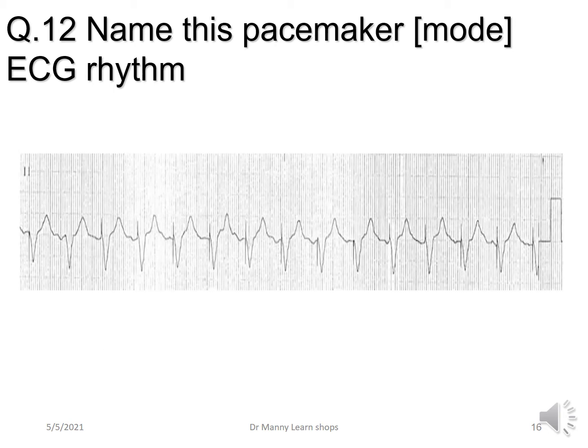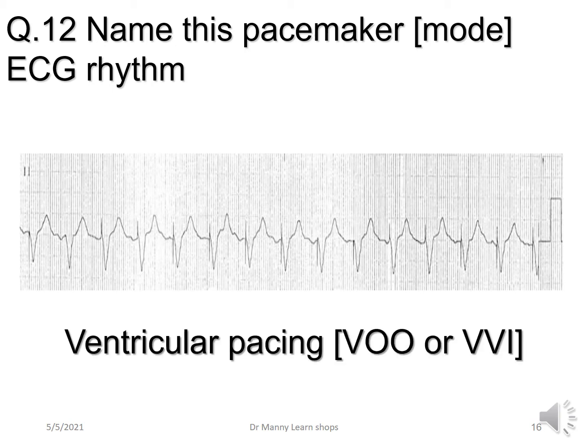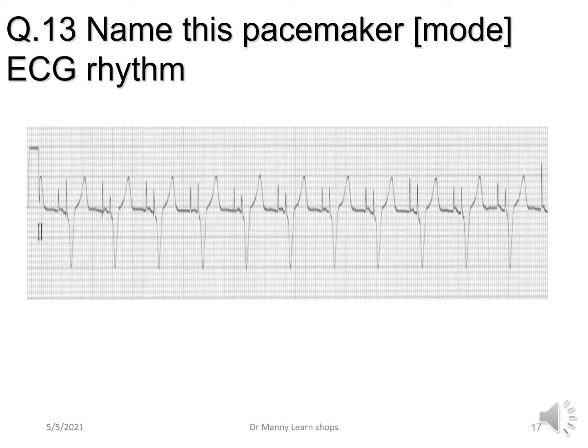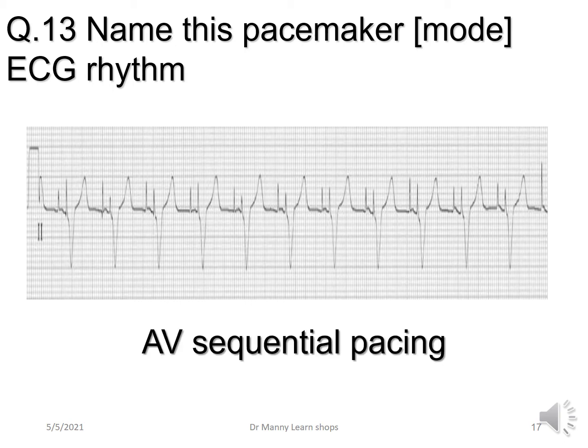Can you name this pacemaker mode? This is ventricular pacing, either VOO or VVI. Can you name this pacemaker mode? Well, this is AV sequential pacing, which could be DDD, VAT, DVI, DDI, and more.